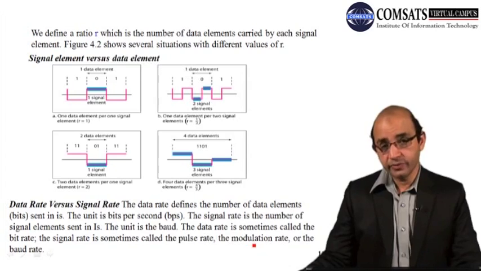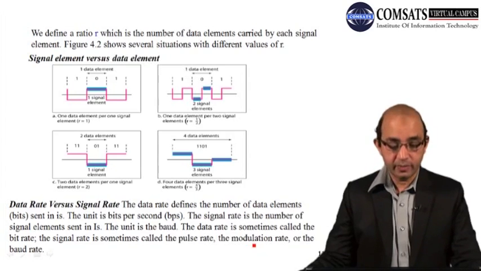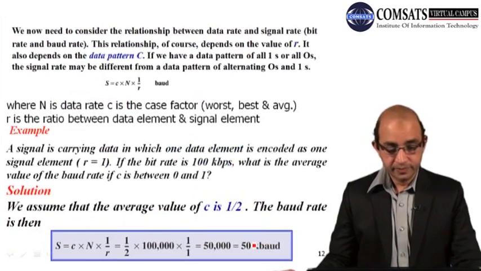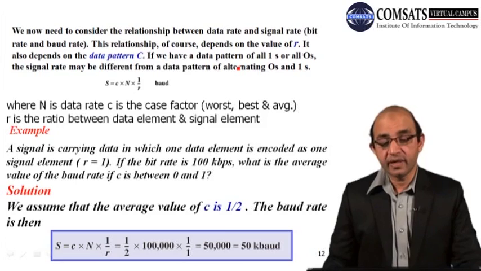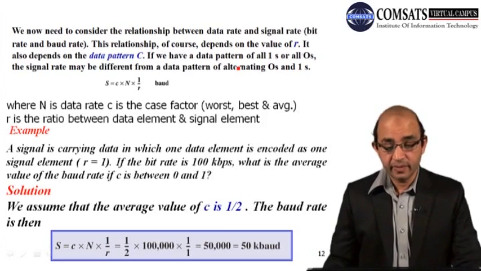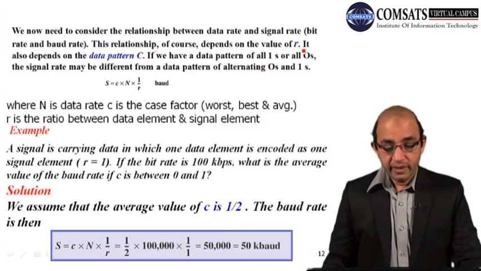So we have to take into account bit rate and baud rate, maybe modulation rate. We need to take into account the relationship between data rate and signal rate, bit rate and baud rate, and the value of R. It depends on the data pattern.